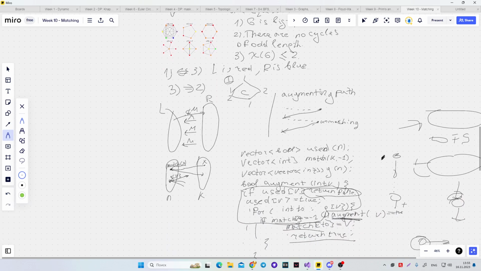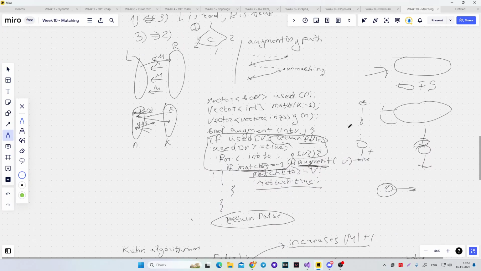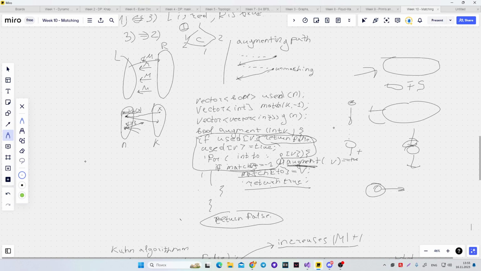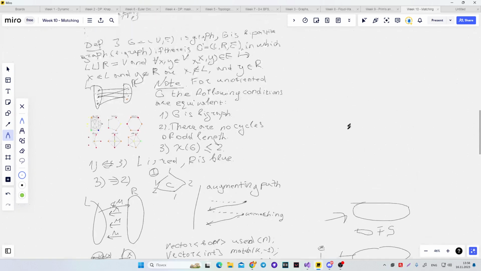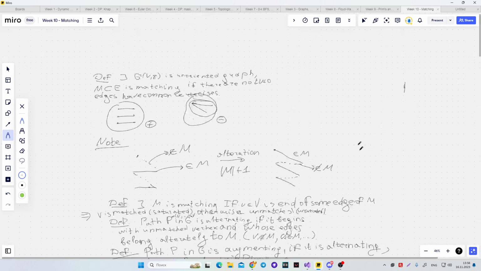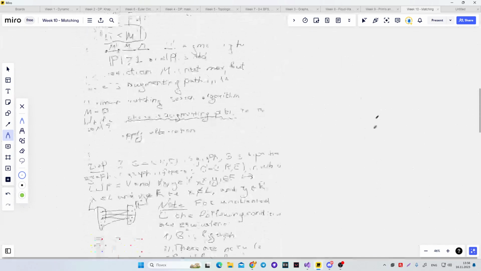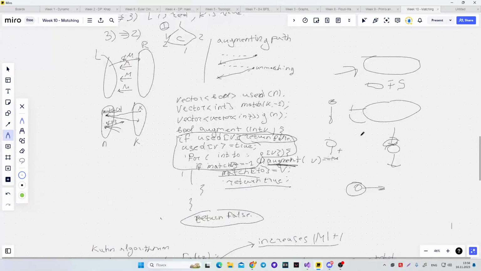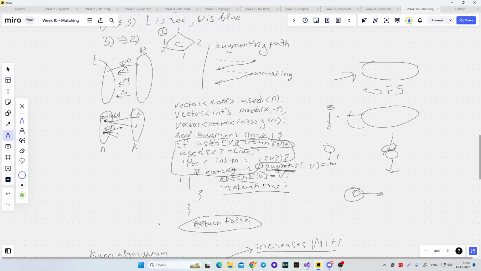This algorithm finds an augmenting path and performs the alternation operation. It works based on DFS.